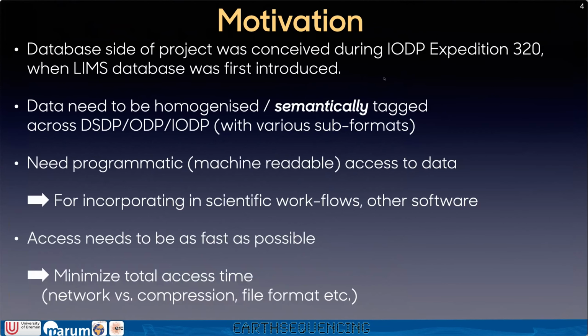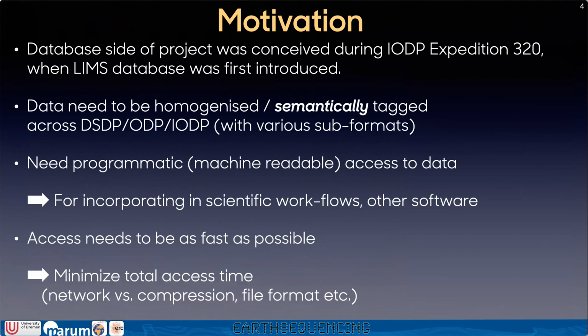Some of the database work that I'm going to talk about today was also conceived during IODP Expedition 320. That took place, I think, in 2009. That was the time when the JR just came out of refit, and when a lot of the support structures and support software were also changed.